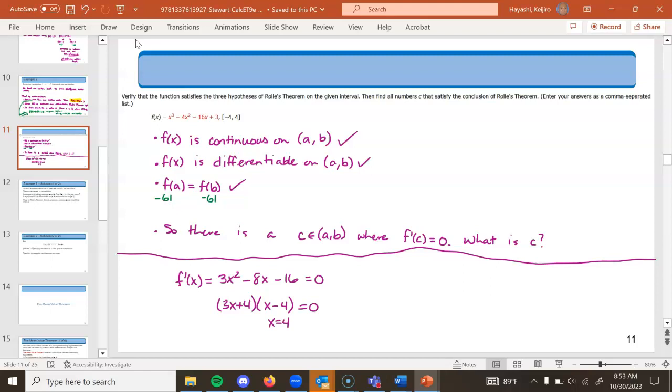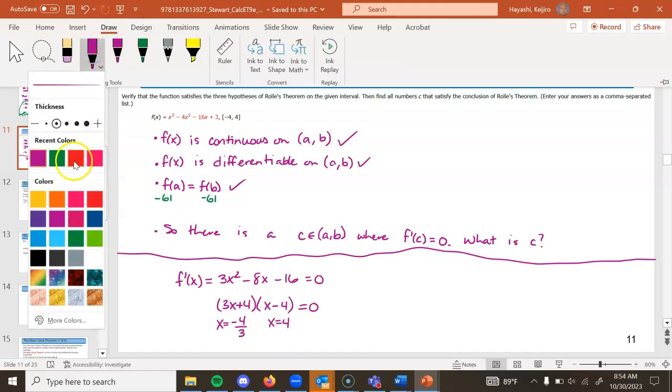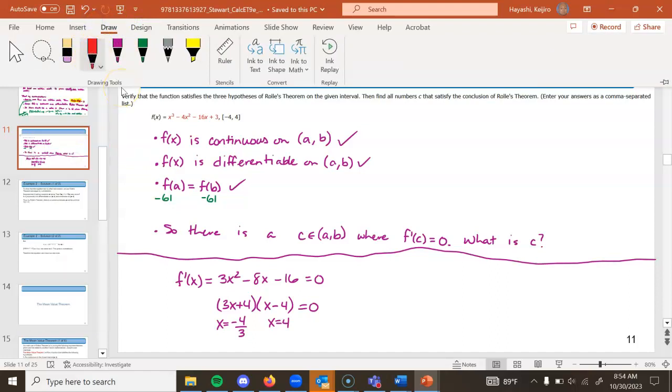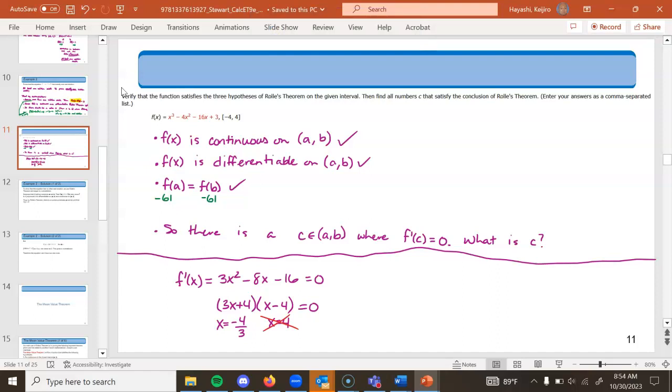Let's get these two solutions from there. X equals 4 and x equals negative 4/3. Now x equals 4 doesn't count because it's not inside of the open interval from negative 4 to 4, right?